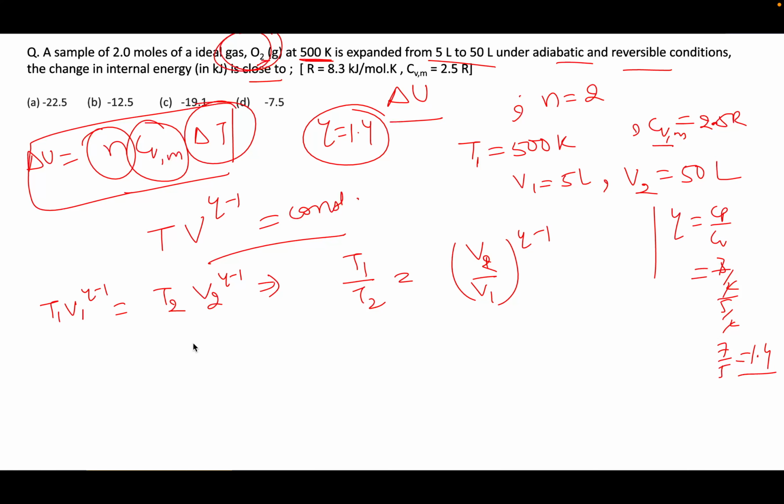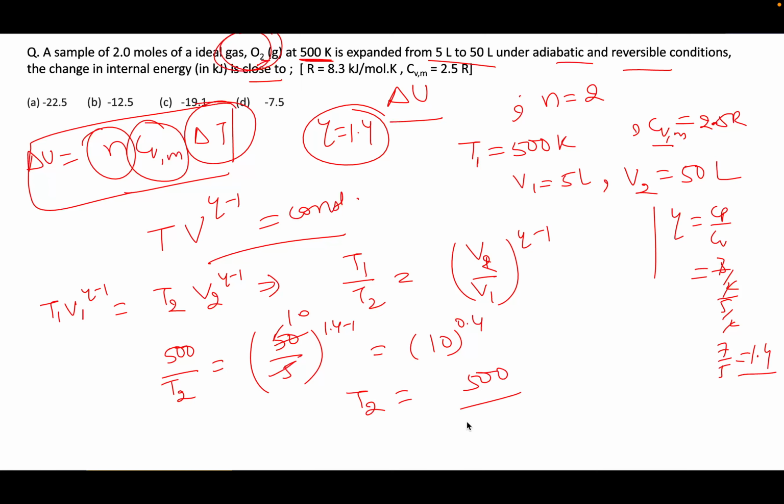So by putting the values, 500 divided by T2 is equal to V2 is 50 by 5 to the power gamma, 1.4 minus 1, that is 10 to the power 0.4. So T2 is 500 divided by 10 to the power 0.4.